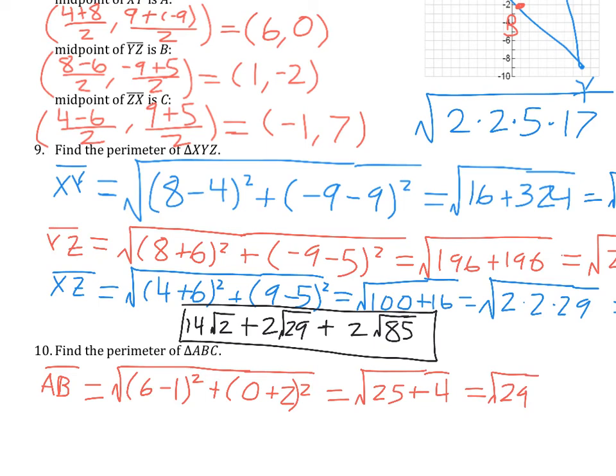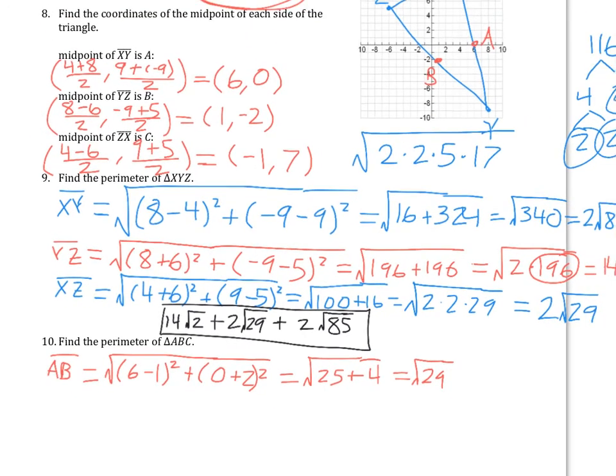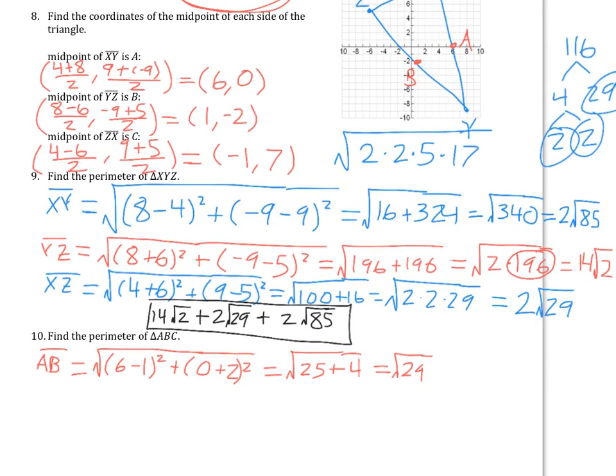Alright, what jumps out at me right now is that we just got radical 29, and earlier one of our answers was 2 rad 29. Alright, what's next? Let's find BC.